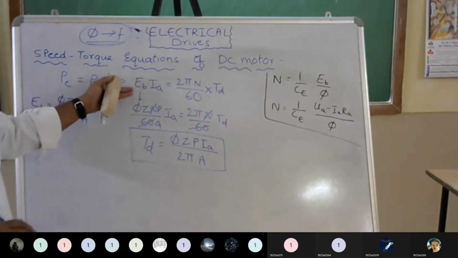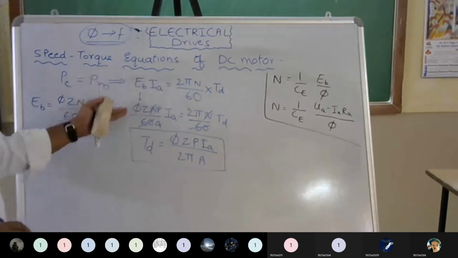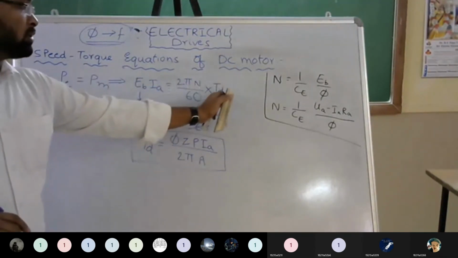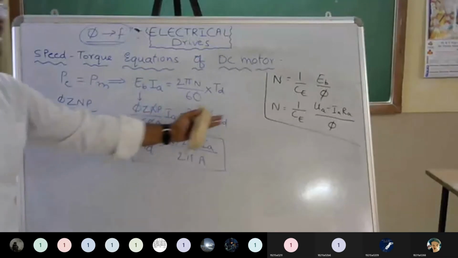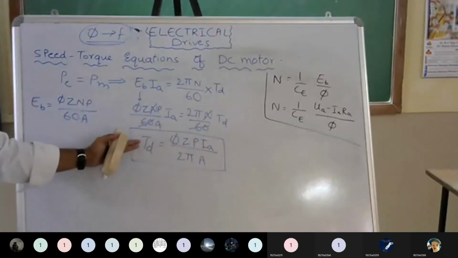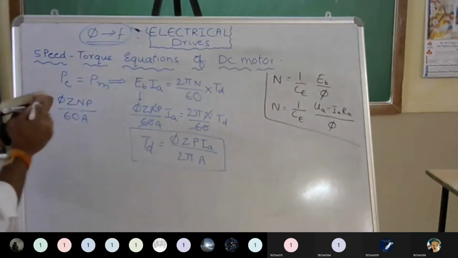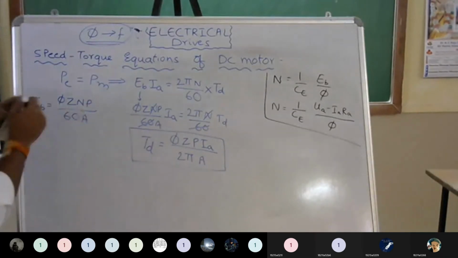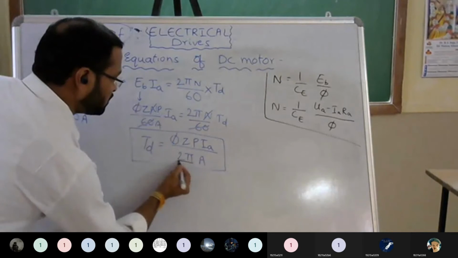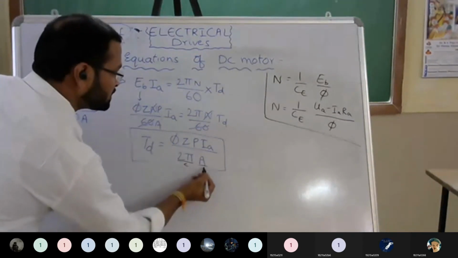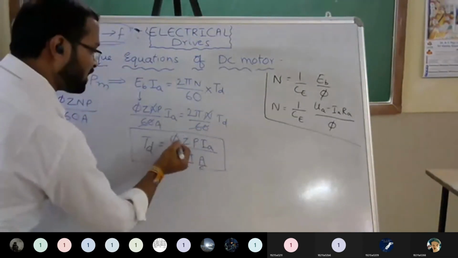We know how much electrical power we are generating, EB into IA, and EB formula we can remember, and how much mechanical power is developed we can remember. From that, torque developed we take. What are the constants? Z is constant, the number of poles is constant, and flux is not constant.